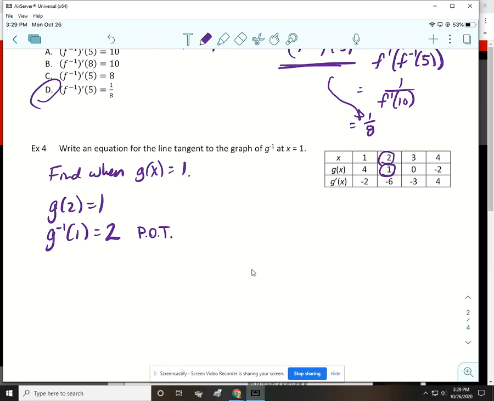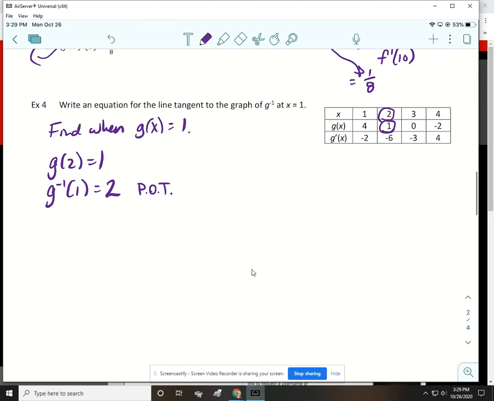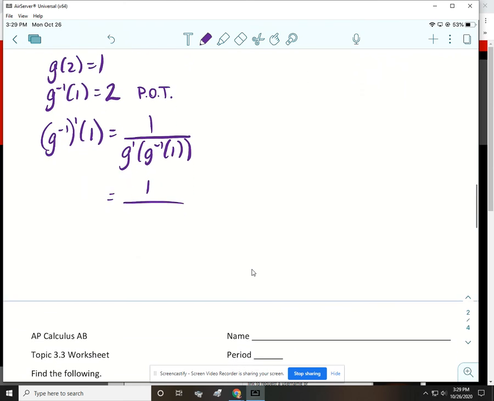All right, then we have to find the slope of tangency. The slope of tangency comes from the derivative of g inverse. So that's 1 over g prime of g inverse of 1. Okay, I know g inverse of 1 is 2.